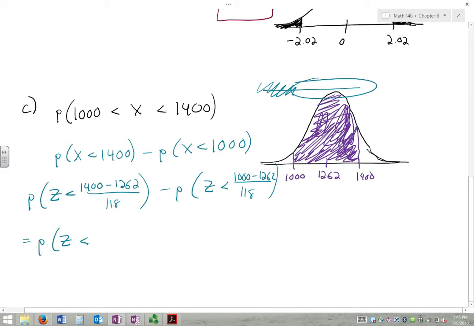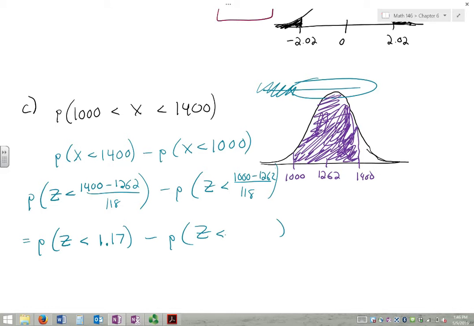So this first one, 1400 minus 1262 divided by 118, is 1.17. And 1000 minus 1262 gives us negative 2.22. Okay, so we're going to look up two different areas this time. Left of 1.17 and left of negative 2.22.